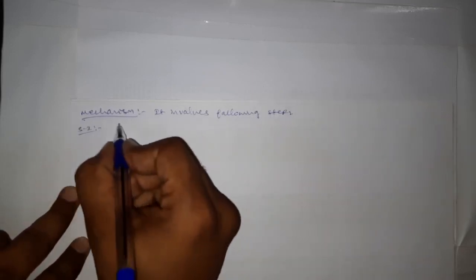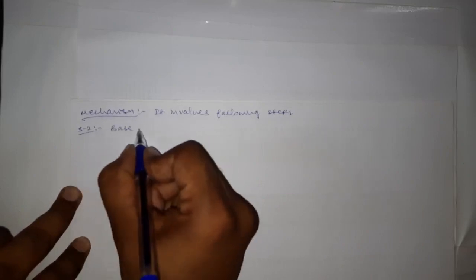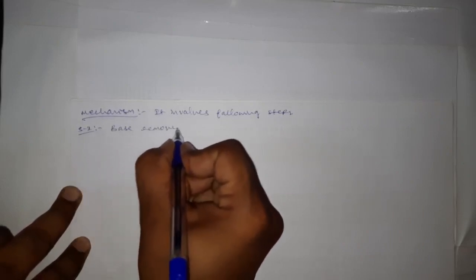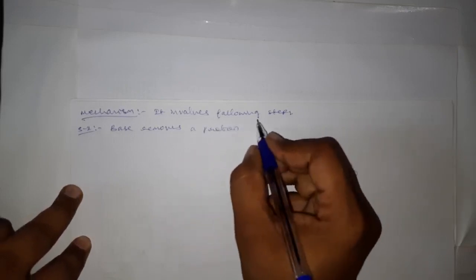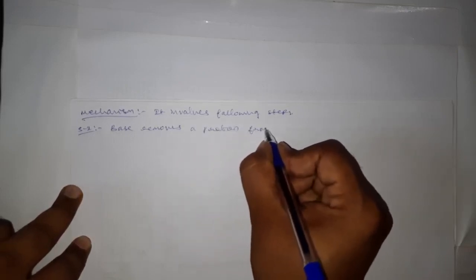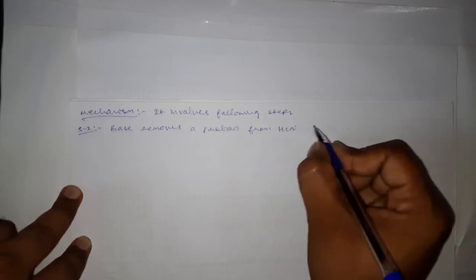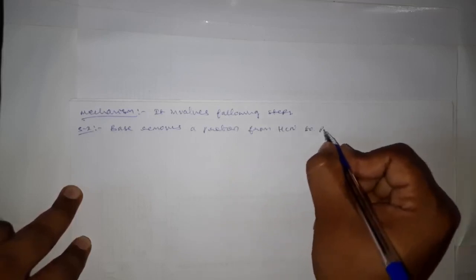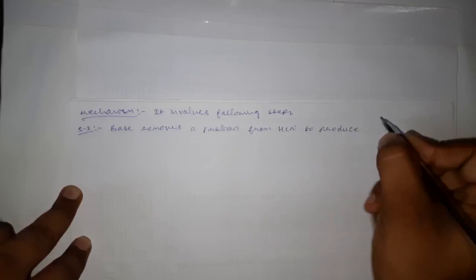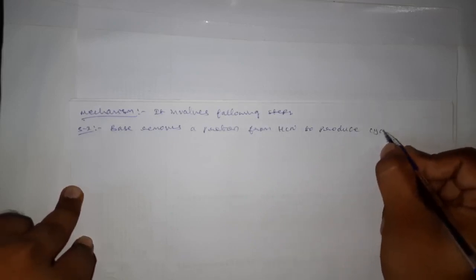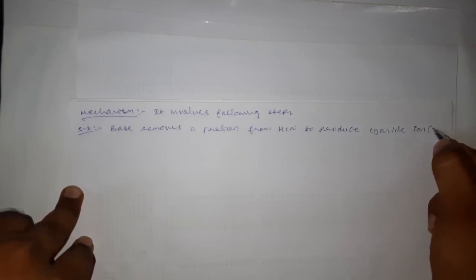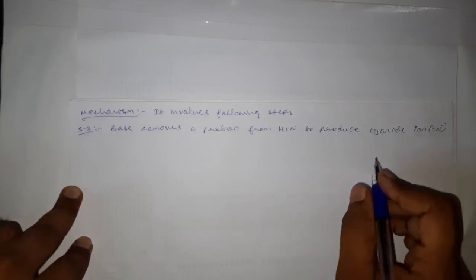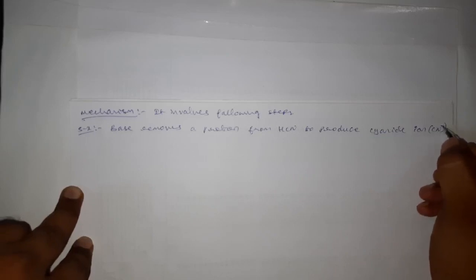Step number 1: base removes a proton from hydrogen cyanide, HCN, to produce the cyanide ion, CN minus. Here the negative charge is on carbon.